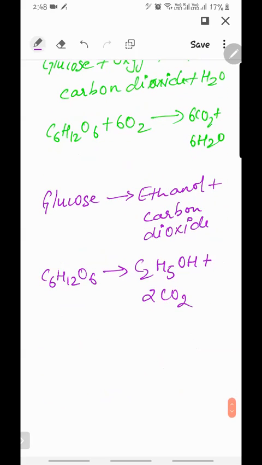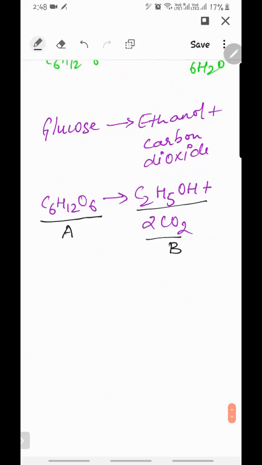Now see this, you will balance this. If you balance, it will be the same. If you take this as A and this as B, CHO, at this side also we'll write CHO. Here carbon is 6, hydrogen is 12, oxygen is 6. Here carbon is how much? 2 plus 2, 4.